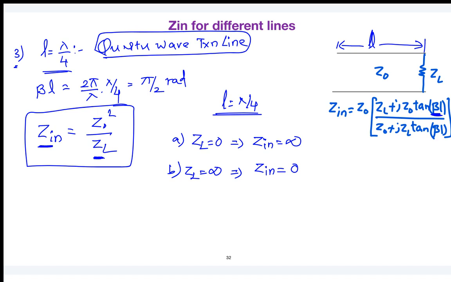What is the meaning of this? If you connect a short circuit load here, it appears like an open circuit at the input. If we connect an open circuit load here, it looks like a short circuit. So whatever impedance you have connected here, the exact opposite is present at the input if the line length is exactly lambda by 4. That is the reason the quarter wave transmission line is also said to be an impedance inverter.